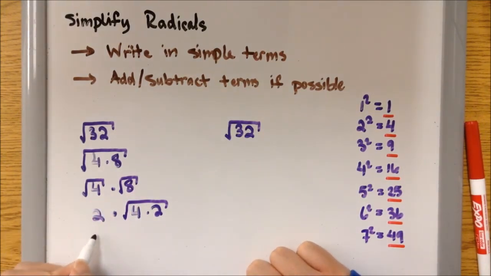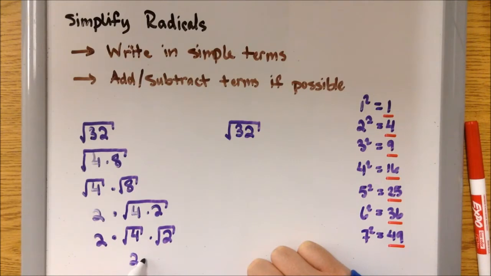Now, I'm going to bring down the 2, and then I'm going to repeat the same step, so we'll break this into 2 factors. So square root of 4 times square root of 2. And then, I can do the square root of 4, which is 2. And then I bring down everything else.